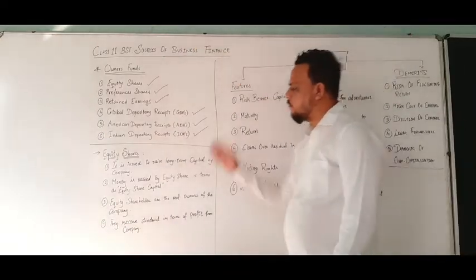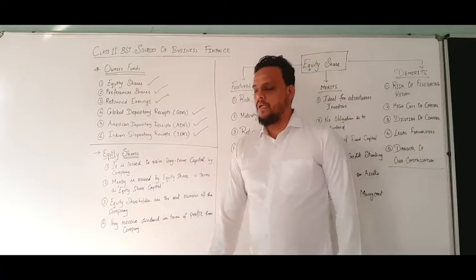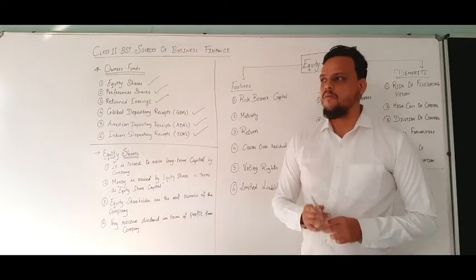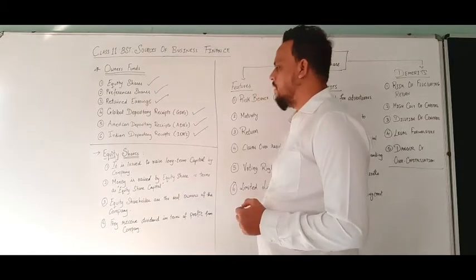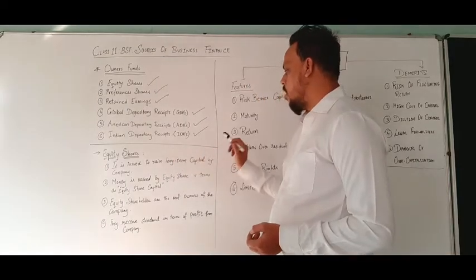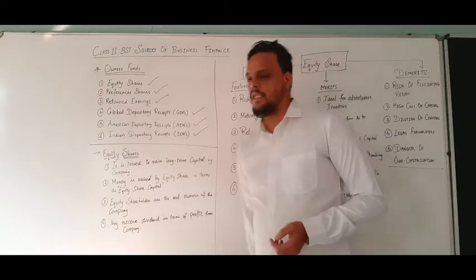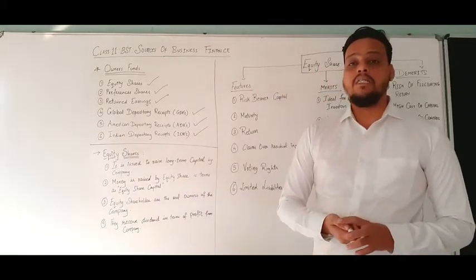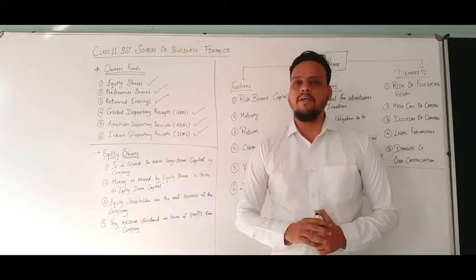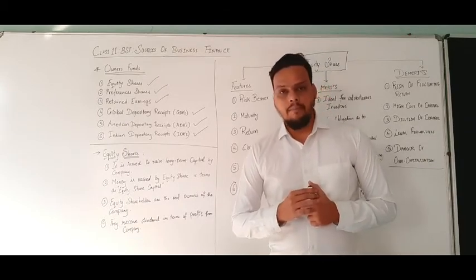I have written 4 points here, but these 4 points can be elaborated in more detail. Let's begin with the first phrase: it is issued to raise long-term capital by the company. Equity shares are issued by the company for the purpose of raising long-term capital.